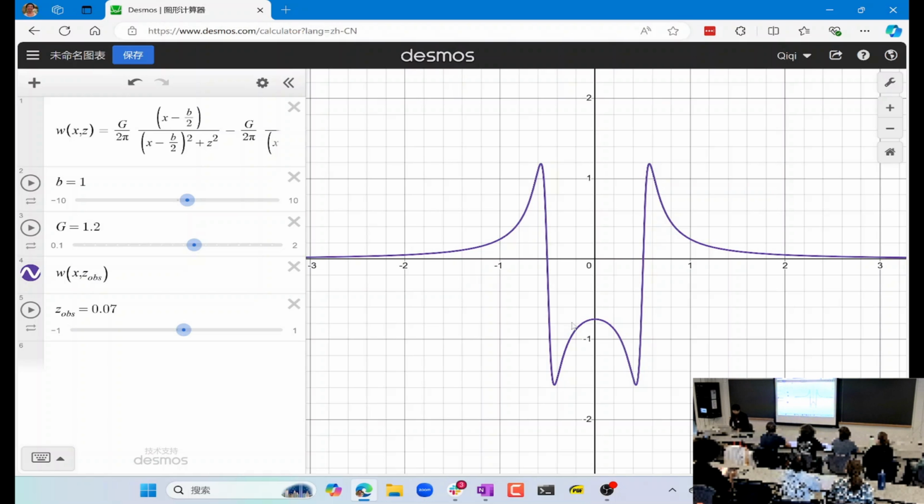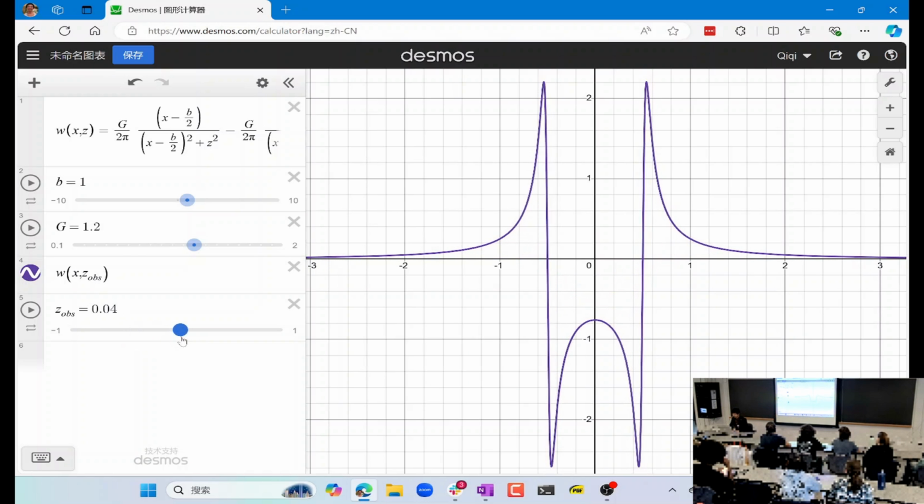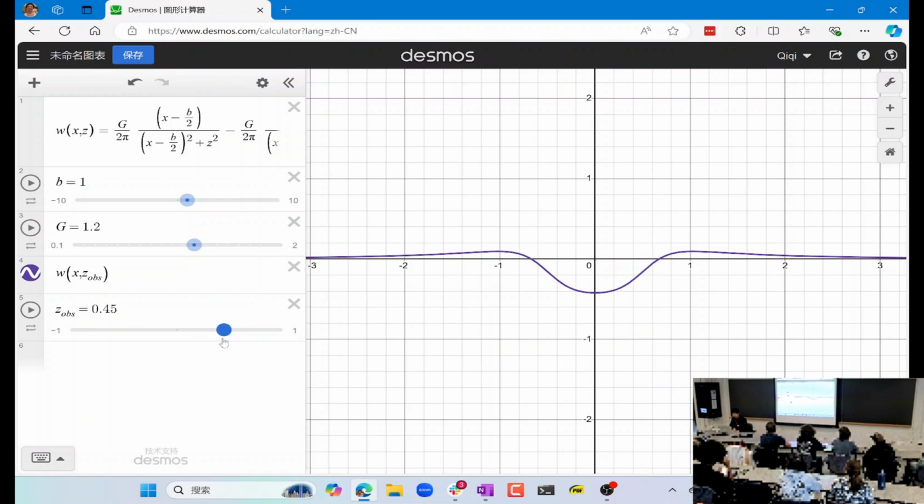If you change the z observation, the velocity is going to change as a function of z. So I have to integrate all the momentum that differs as a function of z to get how much total momentum I have.